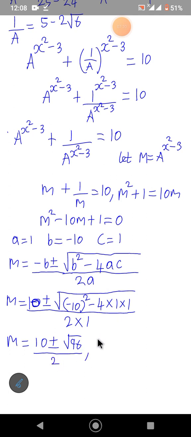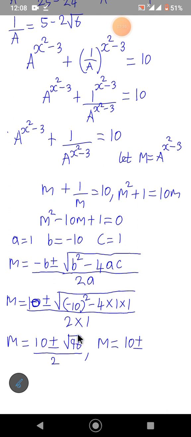We'll say m is equal to 10 plus or minus the square root of 96.